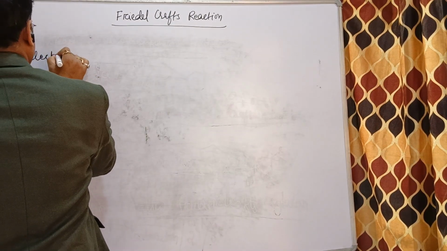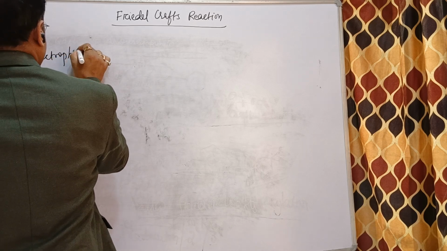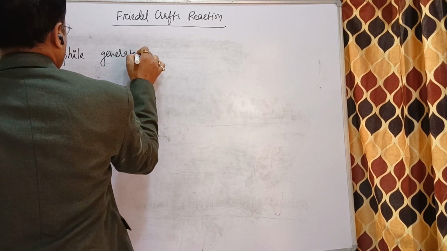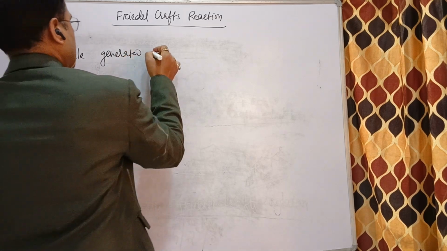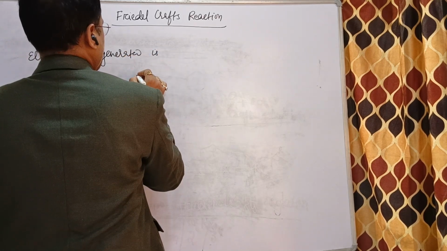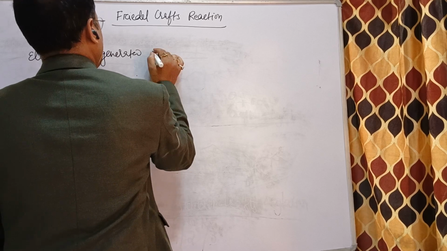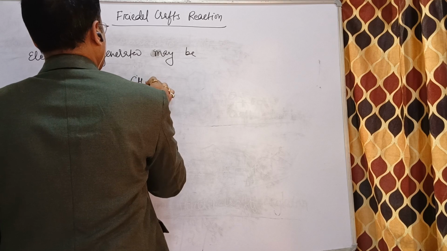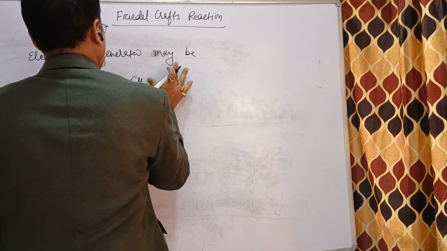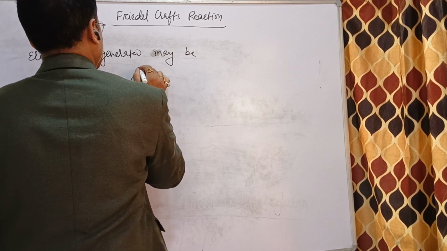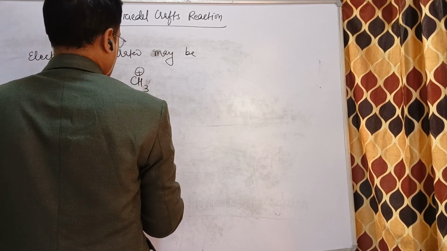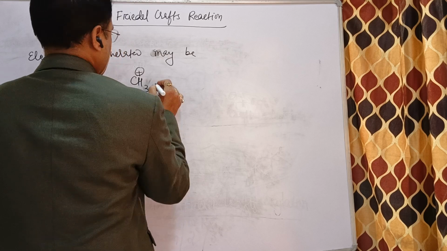So the electrophile generated may be methyl carbocation, 1 degree, 2 degree and 3 degree carbocation.